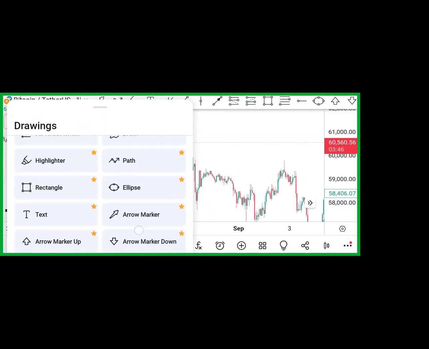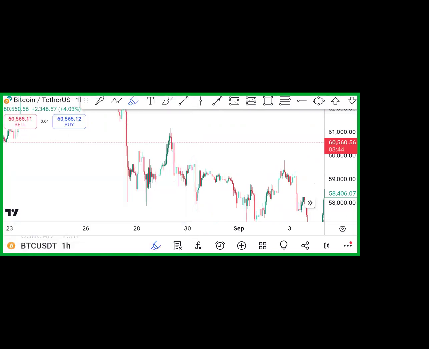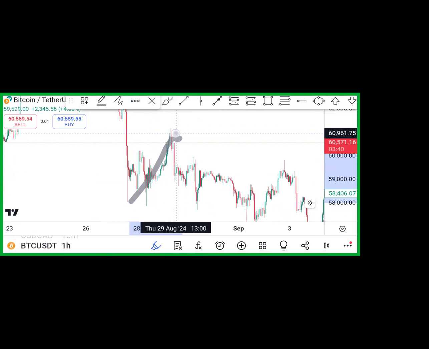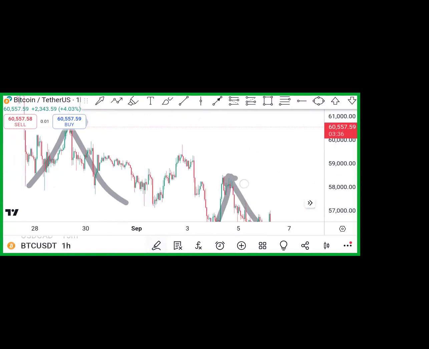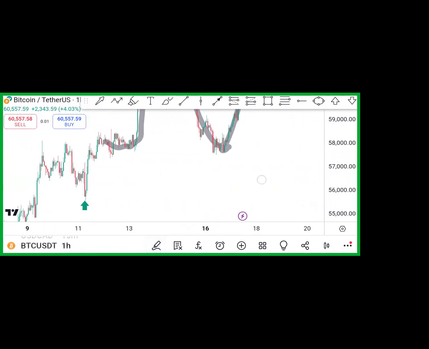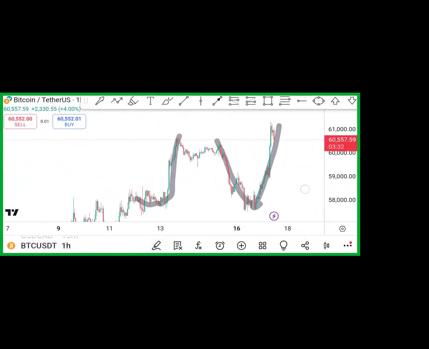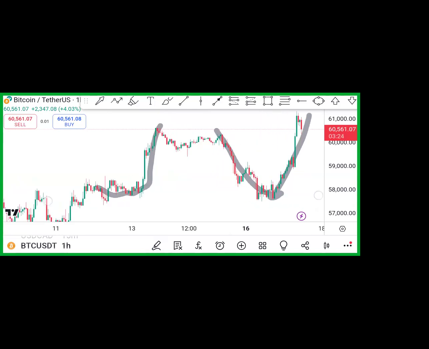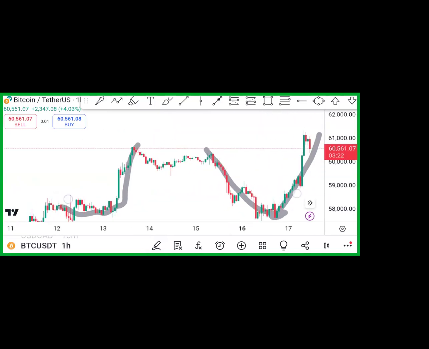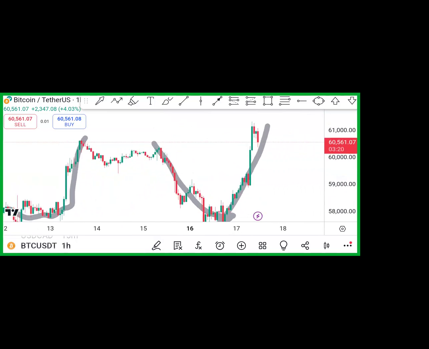I'm going to teach you how you can trade this. Let me teach you how to identify your supply and demand first. There was buying right here, then once the price gets here, there was a sell-off. Right? Now, all of these highlighted areas are areas in the market which we call supply and demand. Right? Now, what exactly is a supply level and what exactly is a demand level?